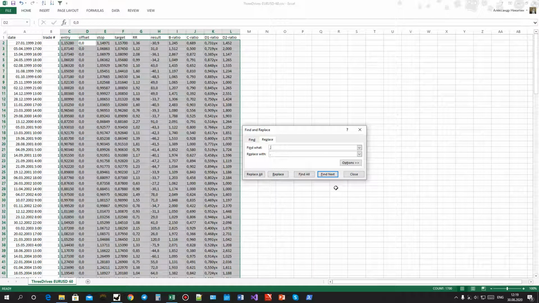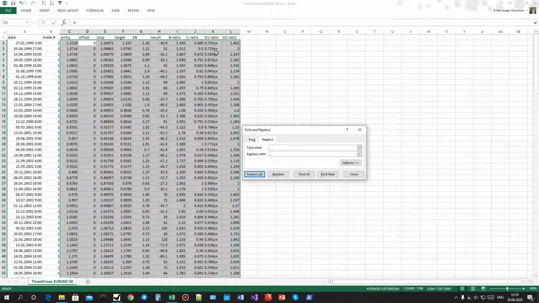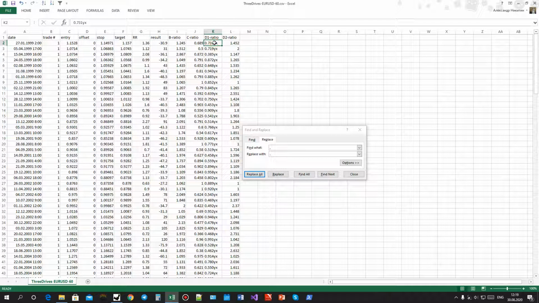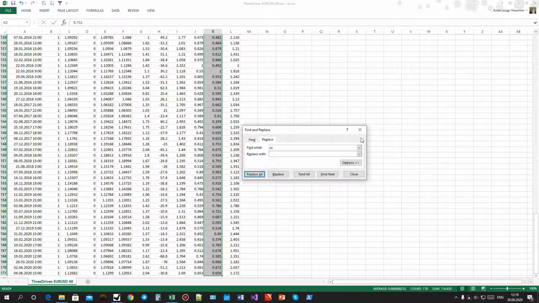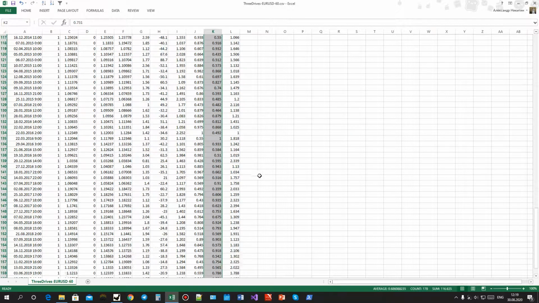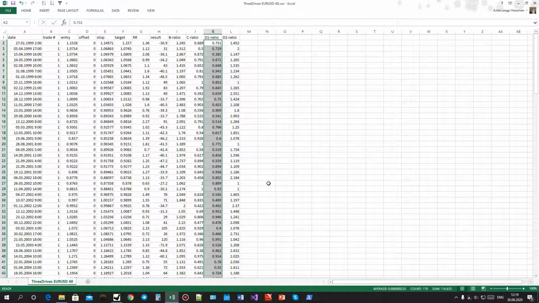Replace all. Okay, done. And then I need to disable the y-axis here, and replace it by nothing. Okay, done. Now let's do some calculations.